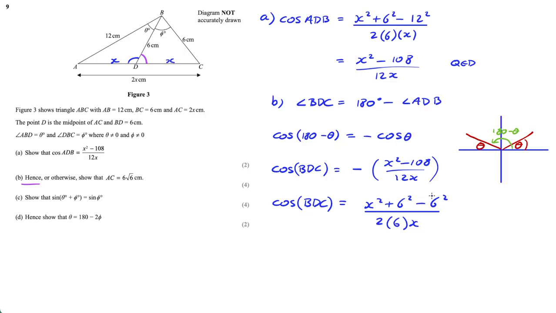Okay, so that's actually the exact same. No, sorry, it's not the exact same thing because there's no 12. Those cancel here, so that equals x squared over 12x.